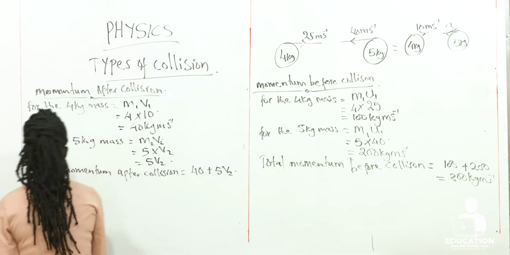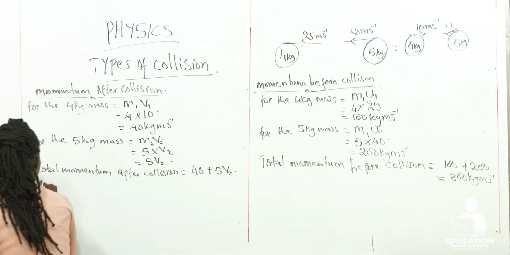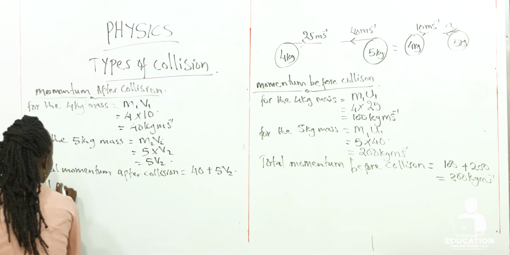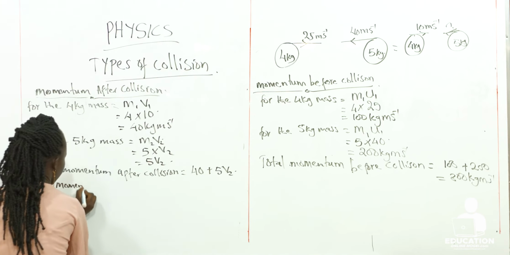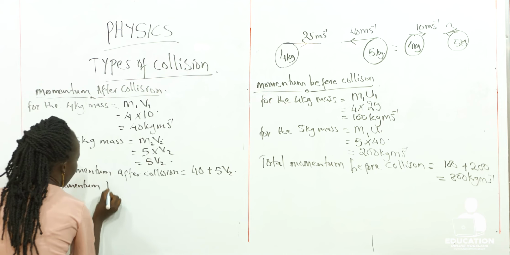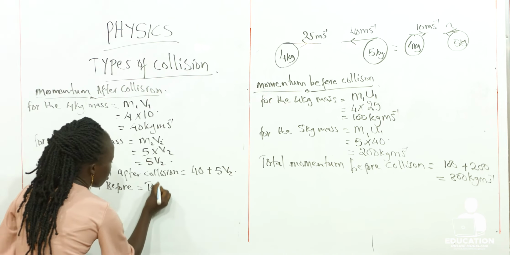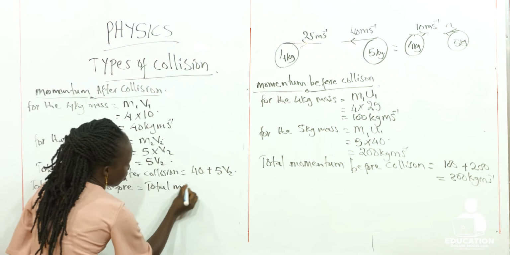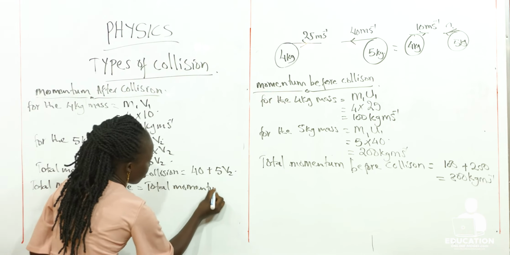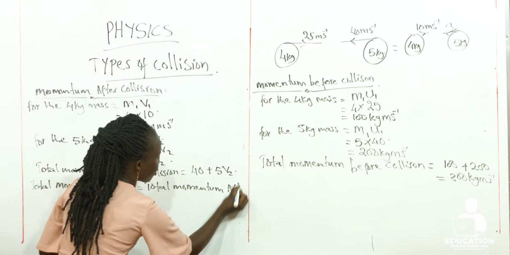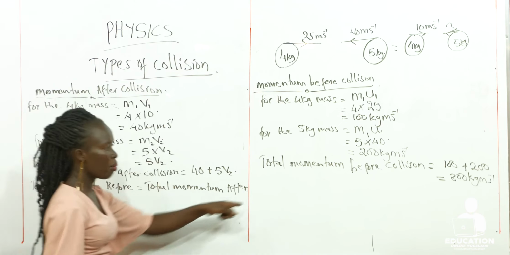We shall have the total momentum before equaling the total momentum after. So what do we have as our total momentum before?